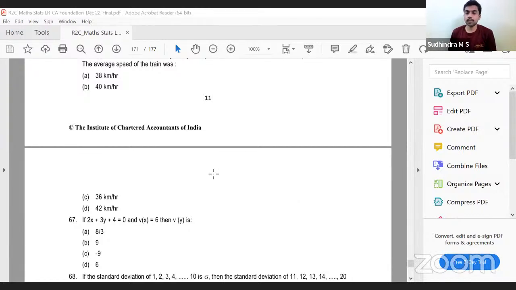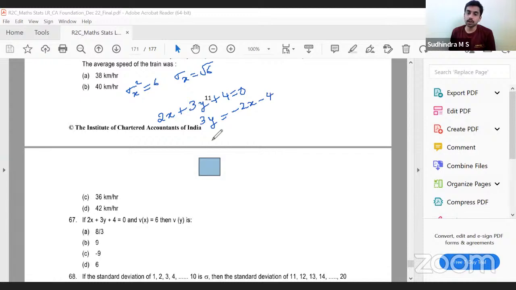Yes, correct. So they have given us variance of x as 6. So can I consider standard deviation of x is √6? And 2x plus 3y plus 4 is equal to 0. I want it in the form of y is equal to a plus b into x. So 3y is equal to minus 2x minus 4. Y is minus 2/3x minus 4/3.